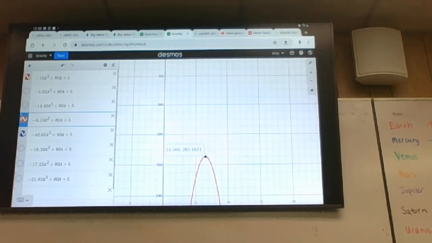Negative 174.75. And I got 174.75. Do 80 times 2.83. 226.3. Okay, so if we want to fit, we're gonna have to.